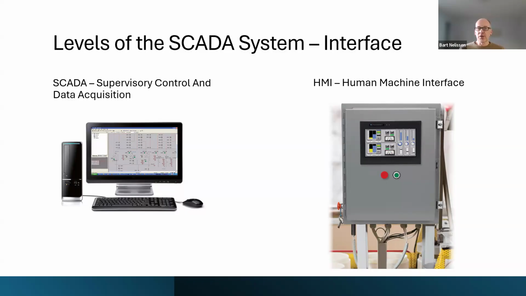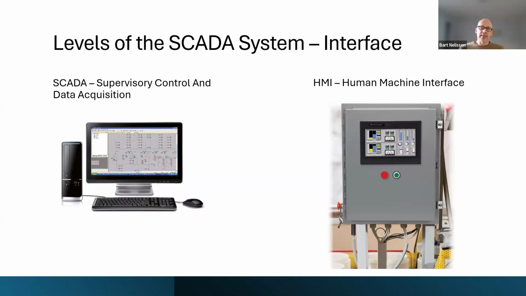The intent of an HMI is that that little interface, often a touch screen these days, is only capable of communicating to the controller that is inside that box. And that's the biggest difference between an HMI and a SCADA system interface, because that communication layer that we just covered brings all of these different sites and all of these different PLCs together, which an HMI is not designed to do.